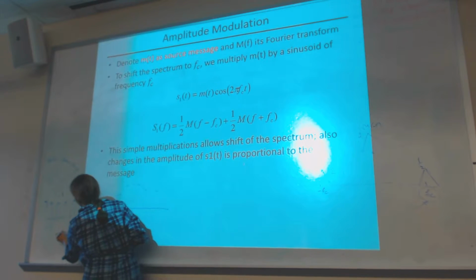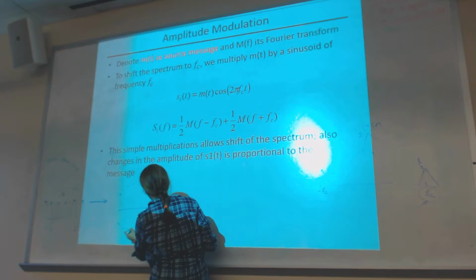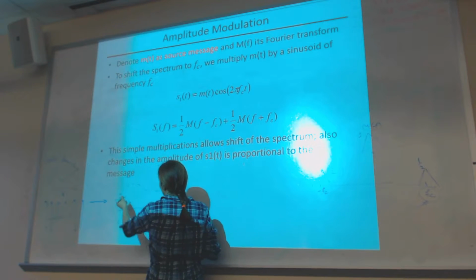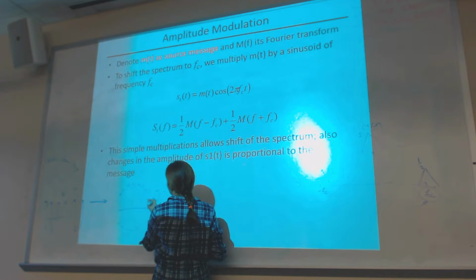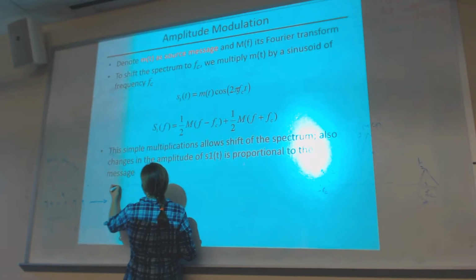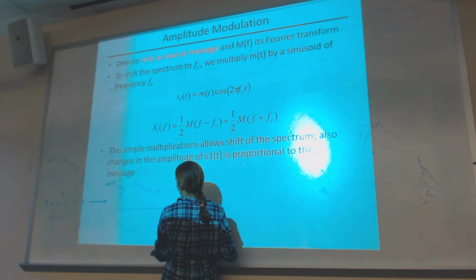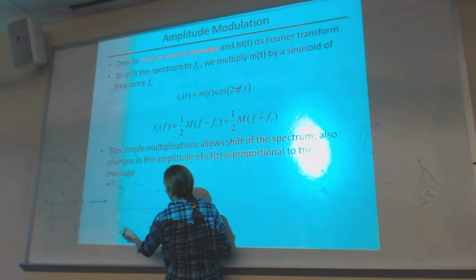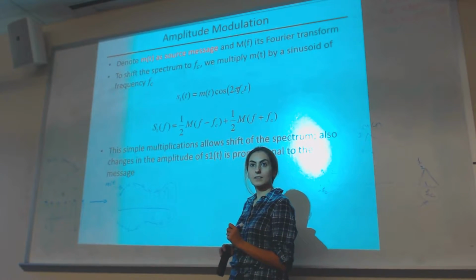And then there's a minus one here, so these are multiplied by that, so it's like an inverted version of that. And between these points, I have some oscillation. So my message, this is the very nice thing about AM, my message is actually the envelope, or the peaks of this high frequency signal. You see?